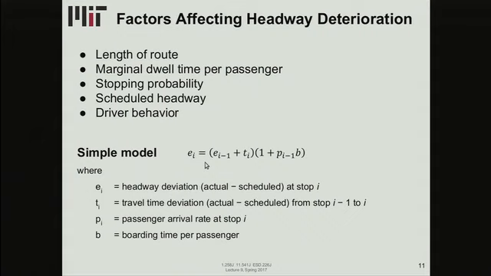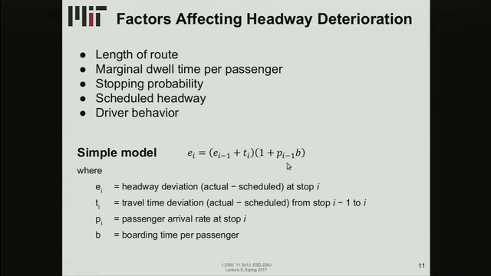Okay, so back to this model. The headway deviation at some stop is: you start out from what it was at the previous stop, you add the effect of running time to that stop from the previous one, and then you add the effect of dwell time.